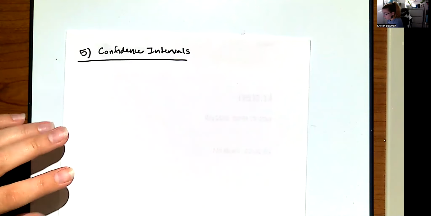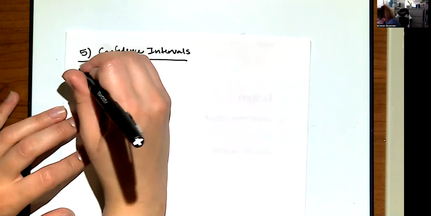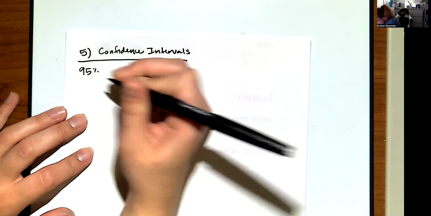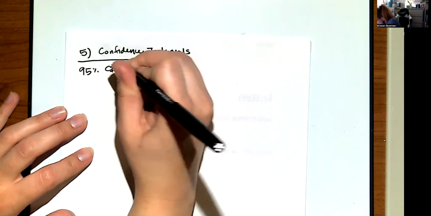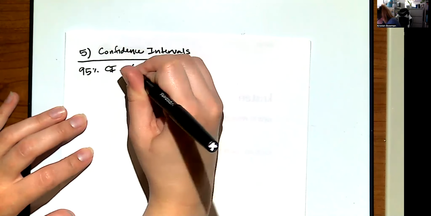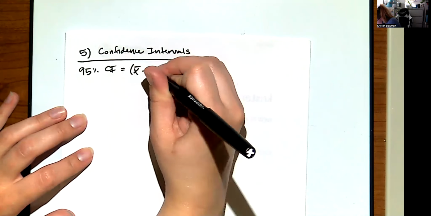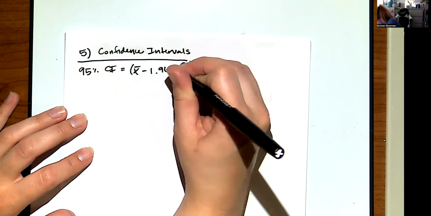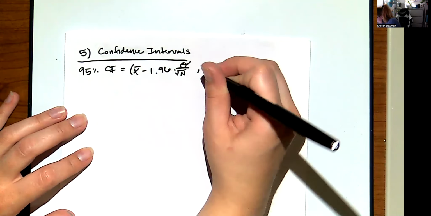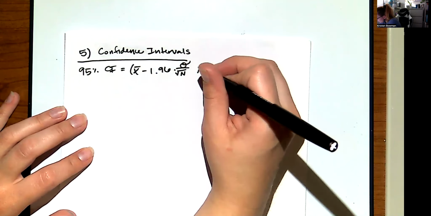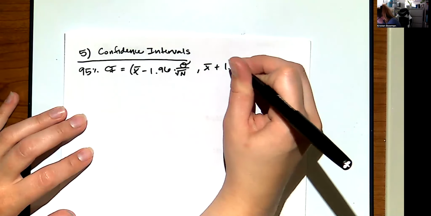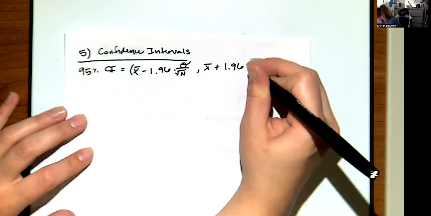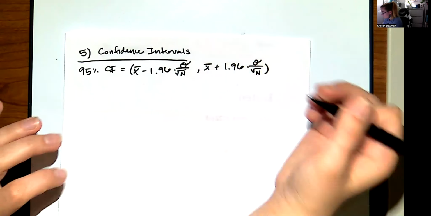So hopefully at this point you all know the equations for confidence intervals, but I'm going to go ahead and write it. So 95% confidence interval equals X bar minus 1.96 times sigma over the square root of n. The other boundary would be X bar plus 1.96 times sigma over the square root of n.